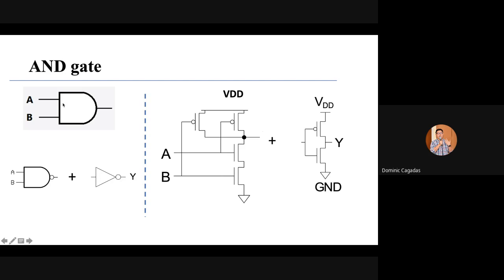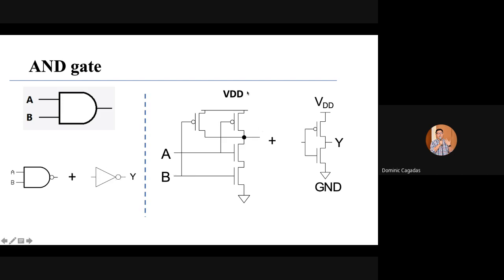Again, your AND gate with two inputs A and B is just a combination of your NAND gate plus your inverter. So therefore, we should get the equivalent of our NAND plus our inverter.